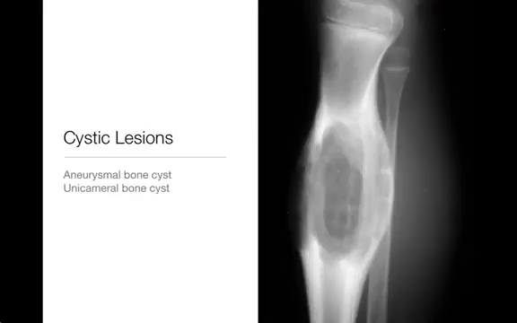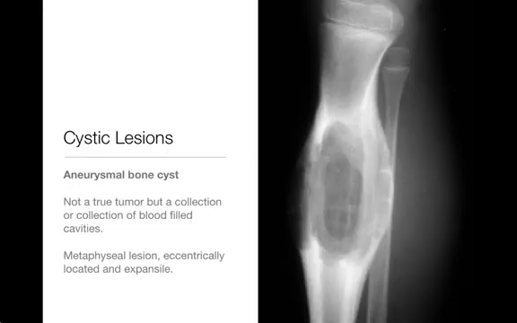Next up, we'll talk about cystic lesions of the bone, and the two we'll talk about are aneurysmal bone cysts and unicameral bone cysts. Aneurysmal bone cysts are the one that's not really a true tumor. These can be acquired, for example, after trauma, or grow within another tumor, and all they really are are collections of blood and blood-filled cavities which slowly expand over time.